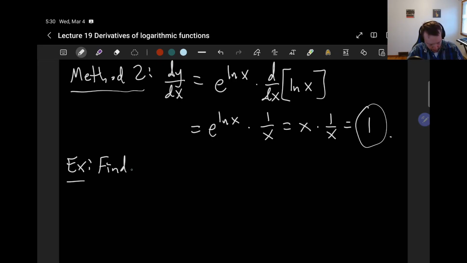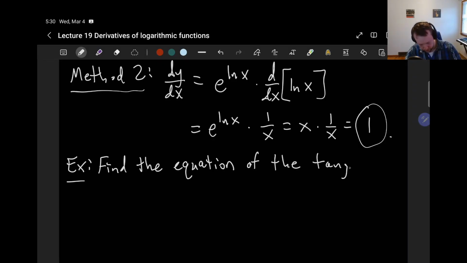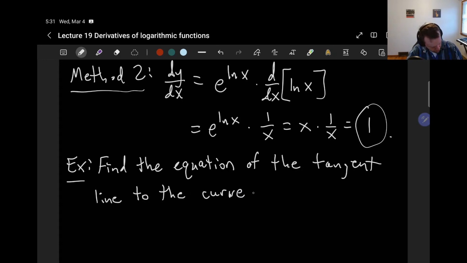I'm going to find the equation of the tangent line to the curve y equals, and here's a fraction, 4 times ln of x plus 2 over x squared.